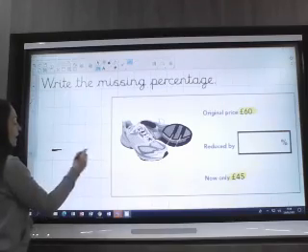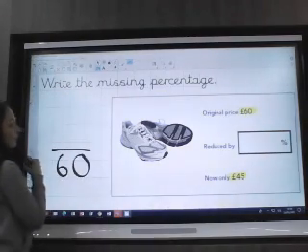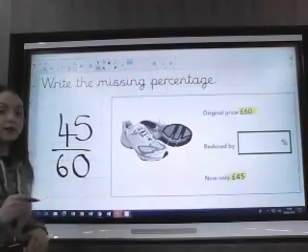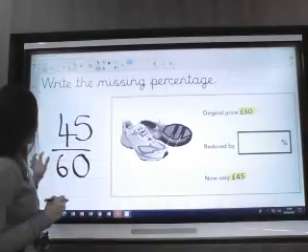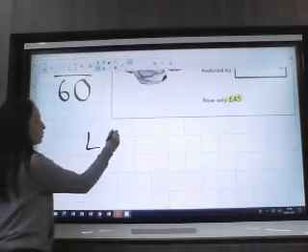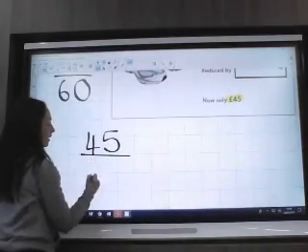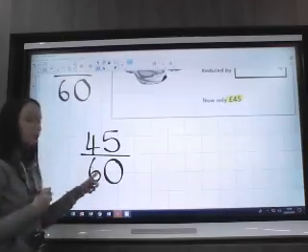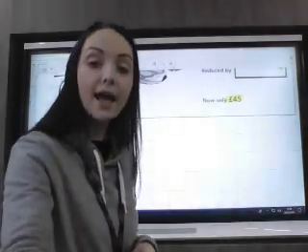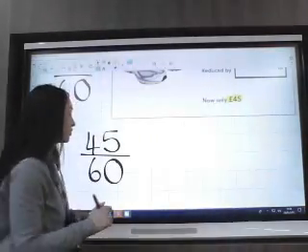So the original price was 60 and it's now 45. So our fraction would be 45 over 60. But 60 doesn't go into 100, does it? So you would have to simplify your fraction first and then change it so it's over 100.